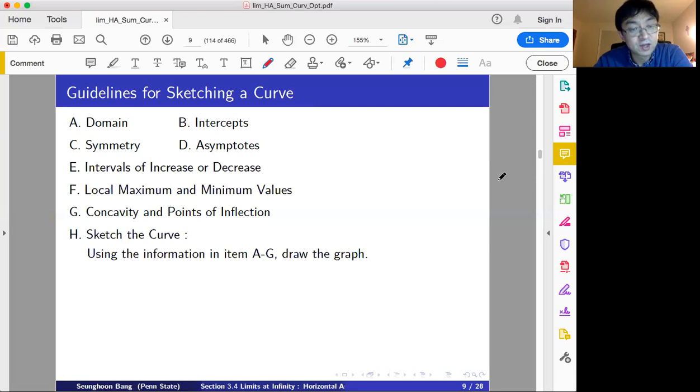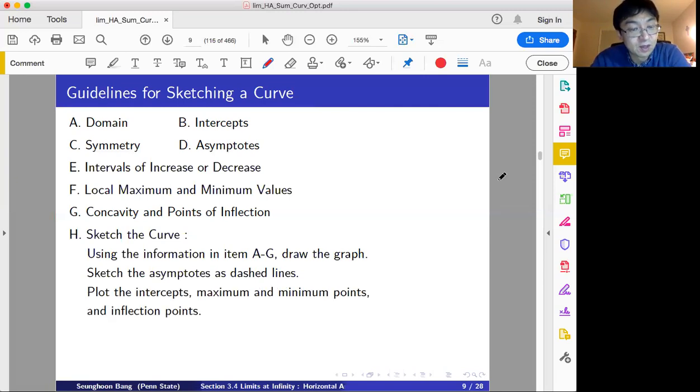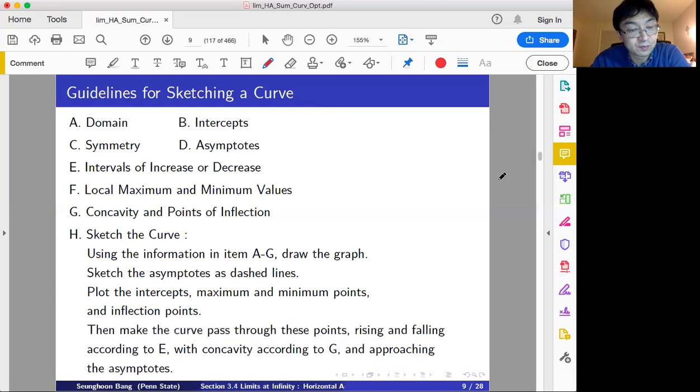Using the information in items A through G, draw the graph: domain, intercept, symmetry, asymptote, increasing, decreasing, local maximum, local minimum, concavity, point of inflection. This is the idea. Sketch the asymptotes as dashed lines first. Next, plot the intercepts, maximum, minimum points, and inflection points.